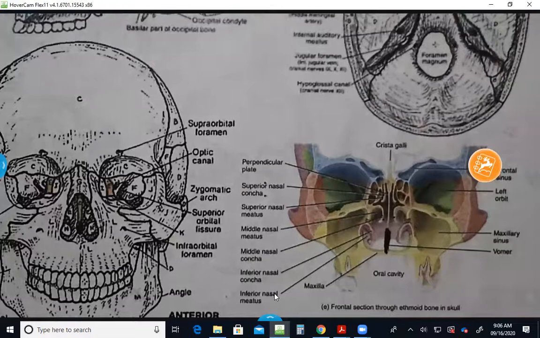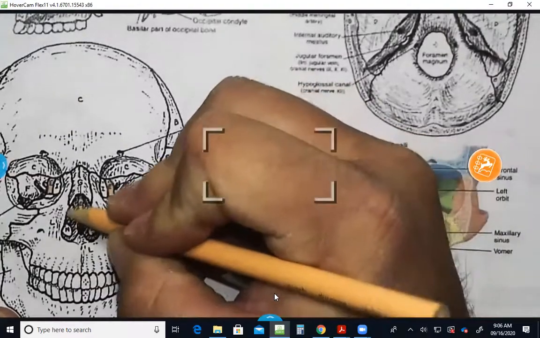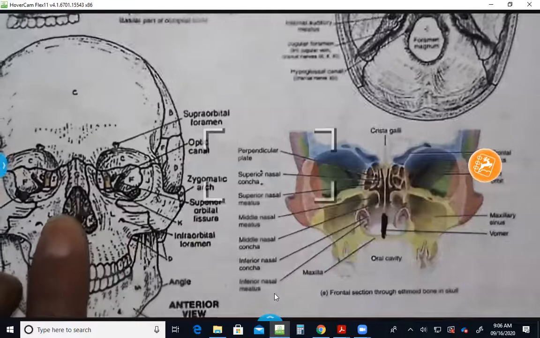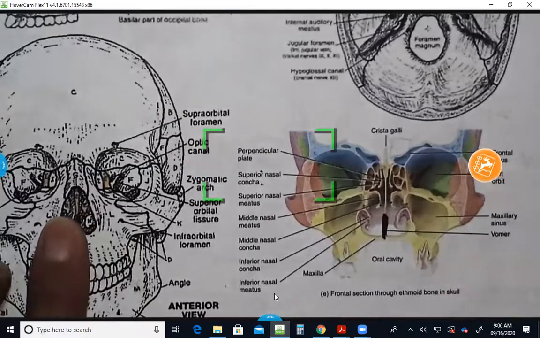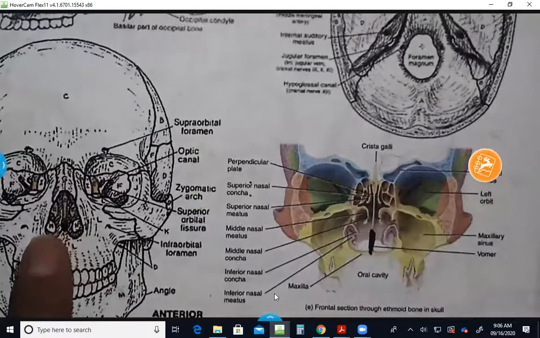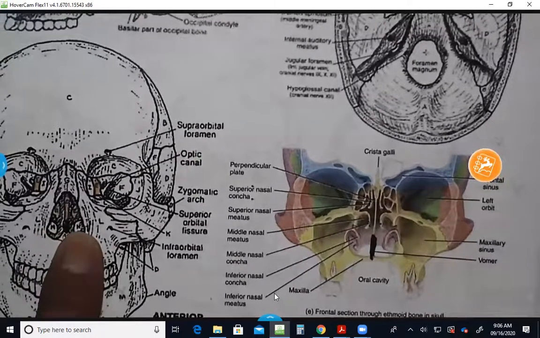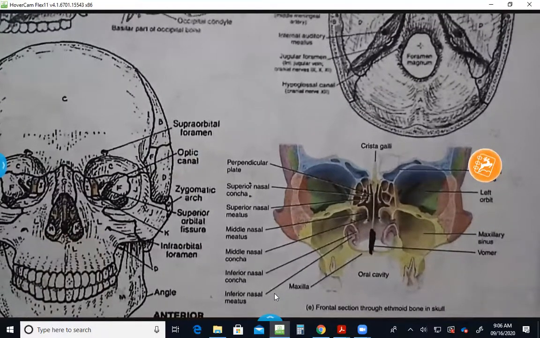I'll color them now. These are little hook-like structures in the internal nose. Notice here we have letter N. Those are separate bones, the inferior nasal conchae, which we'll color here in just a second.